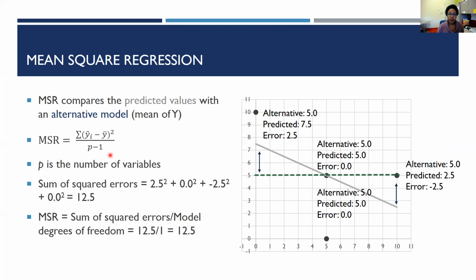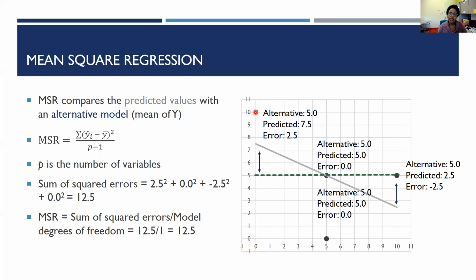What we're going to do is take our predicted value, that's our y hat, for each observation and subtract it from the mean of y. Then we're going to square those, sum it all up, and then divide by p minus 1, p being the number of variables.